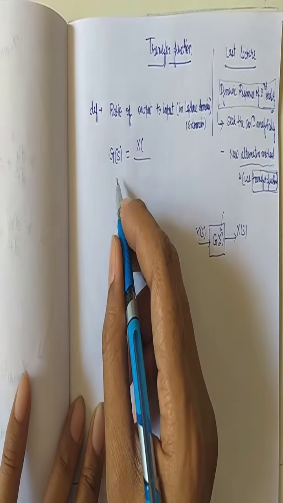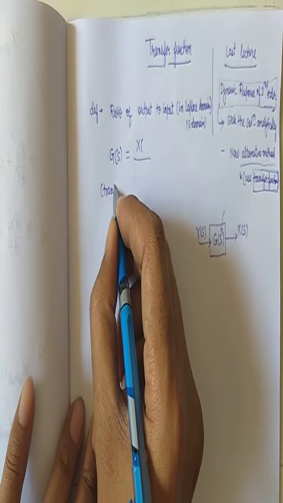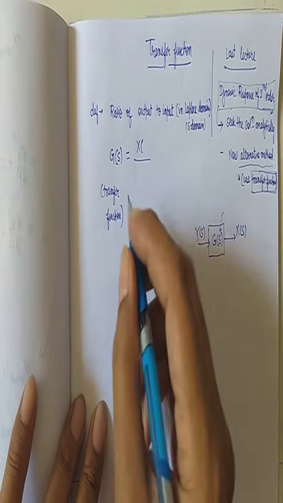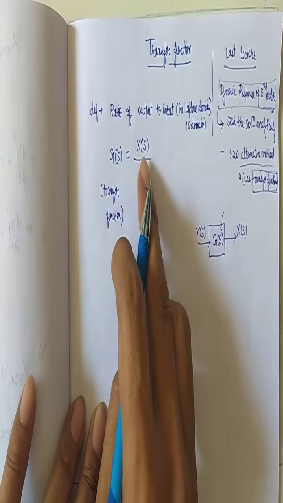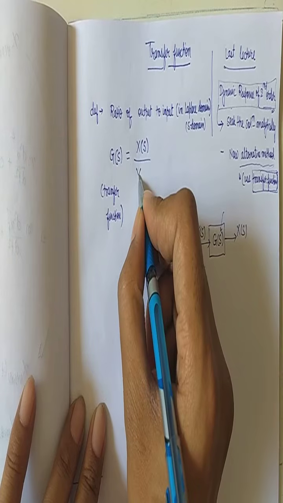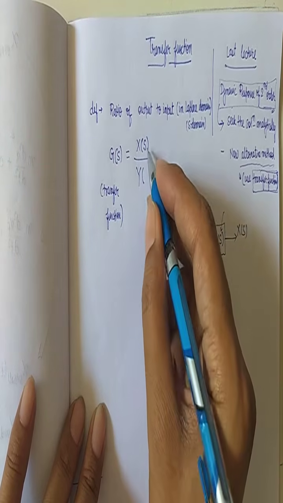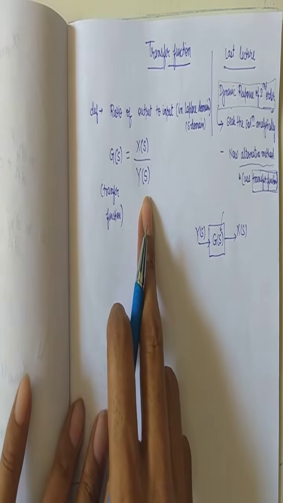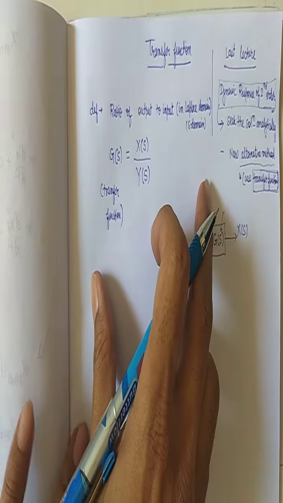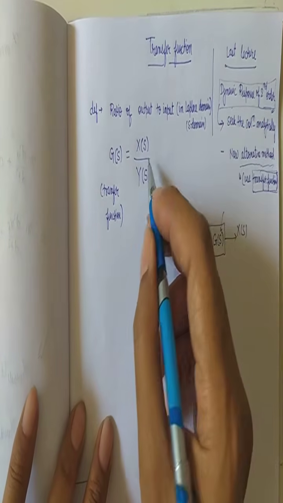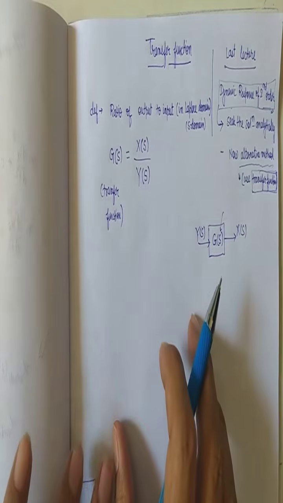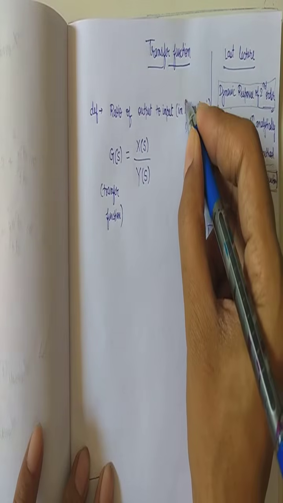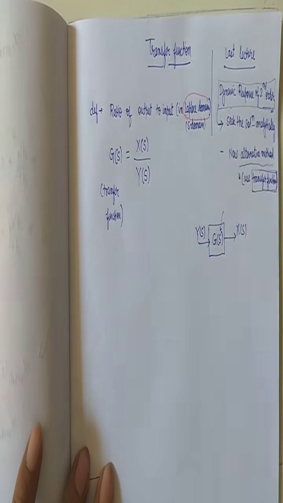So essentially G(s), the transfer function, is written as the ratio of output in Laplace domain, or S domain, by input in Laplace domain. This is the formal definition, but we don't know what Laplace domain or S domain is essentially. So let's briefly talk about what this Laplace domain is all about.